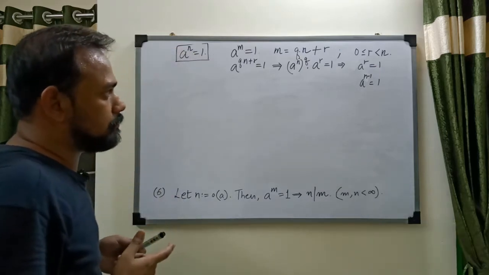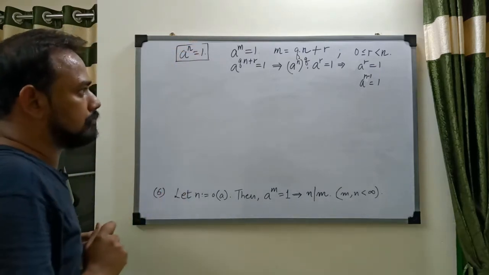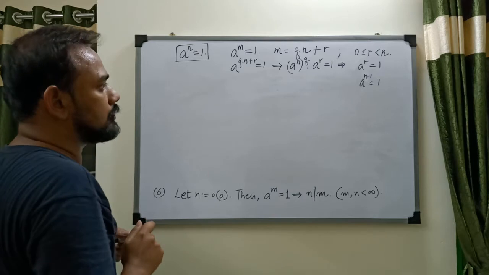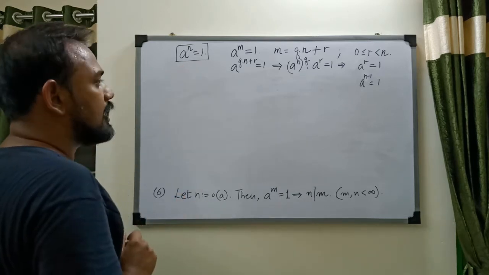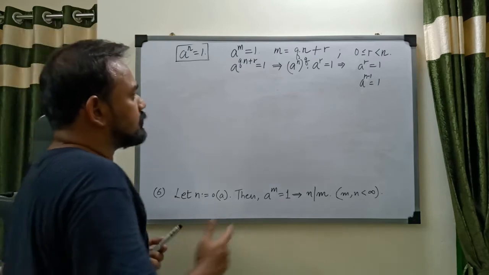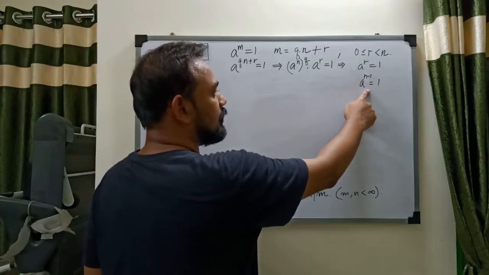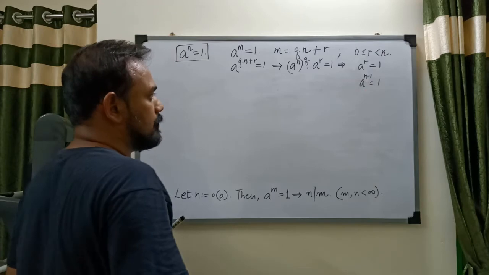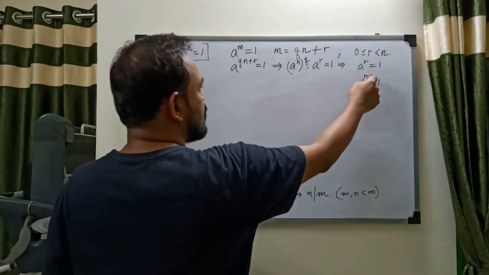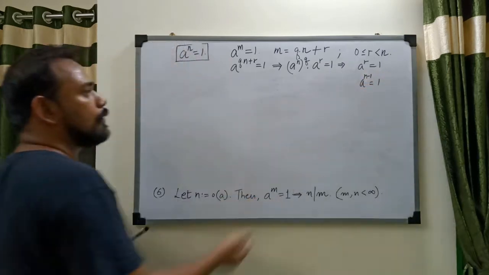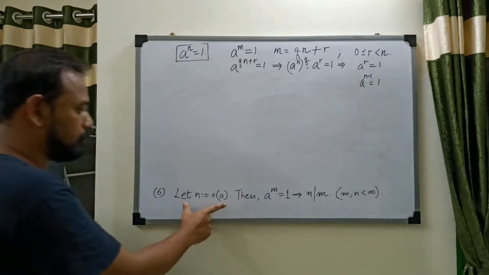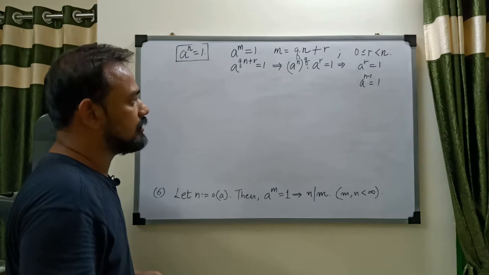But that's a contradiction, because n was supposed to be the minimum that would give you this equation, because this was the order of a, right? And so this cannot be true. You cannot have a positive integer lesser than n and still give you an equation like this. That's not possible once you define the order of a to be n.